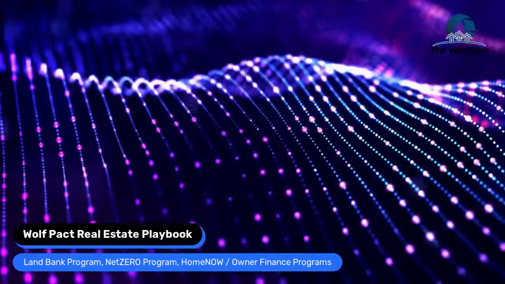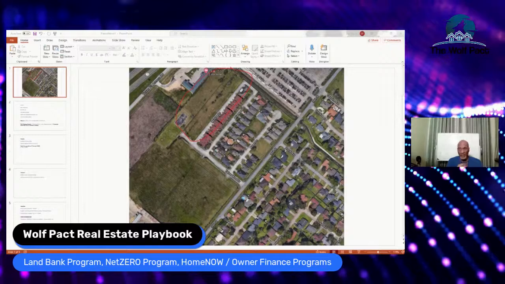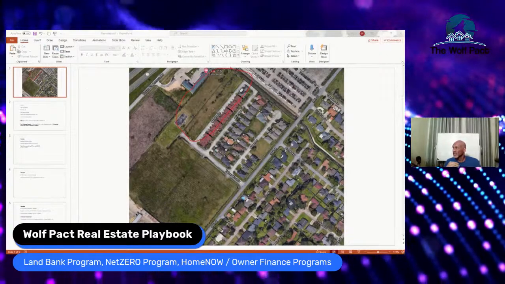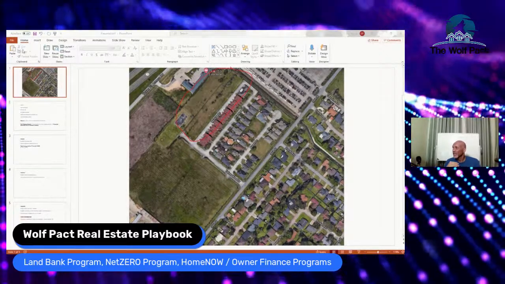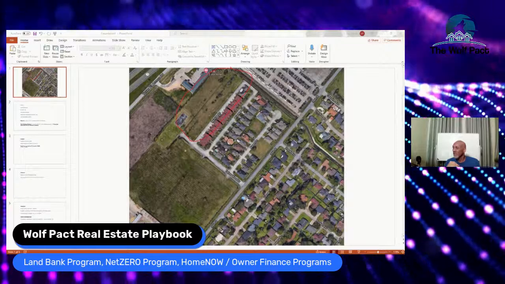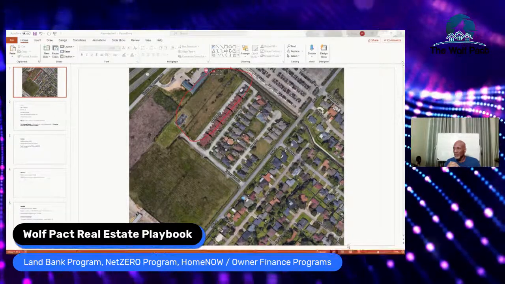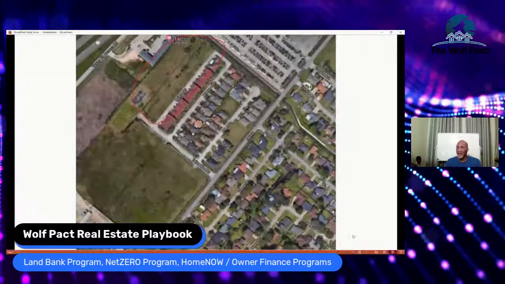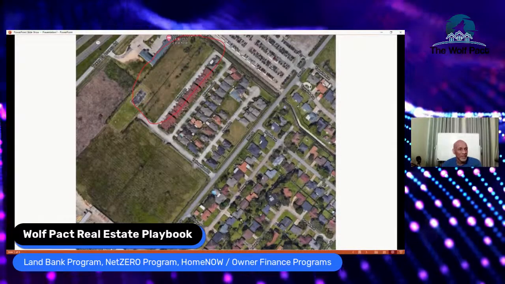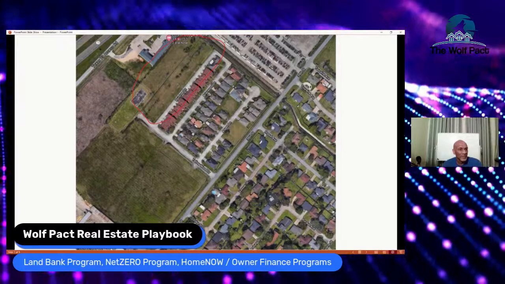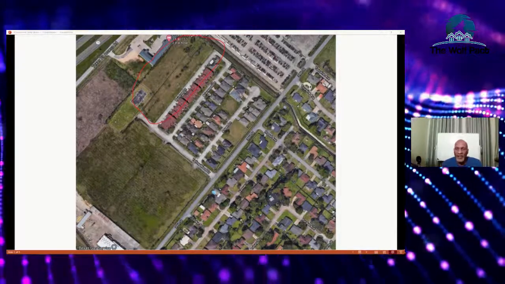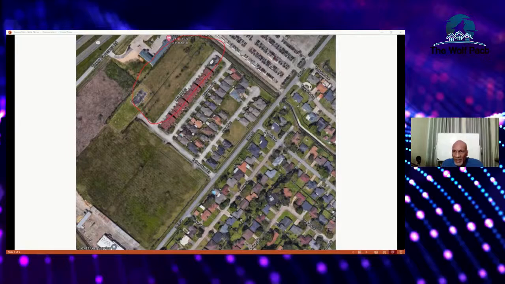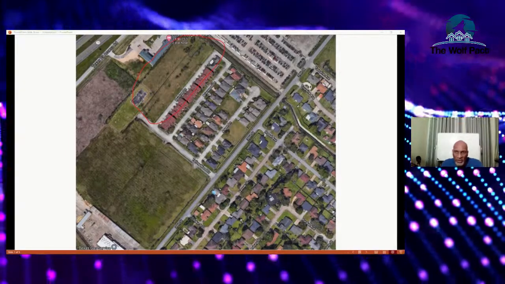So I'm going to share my screen. Here is the land deal that was brought to us today for us to chop up. Now, as you can see, the circle here is the project.